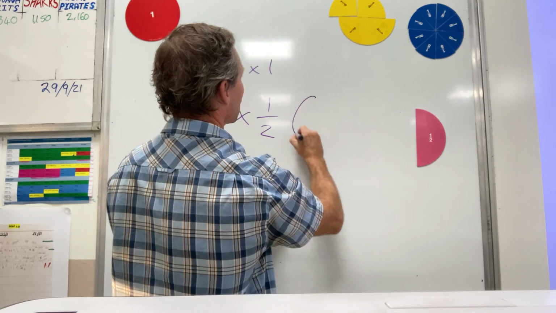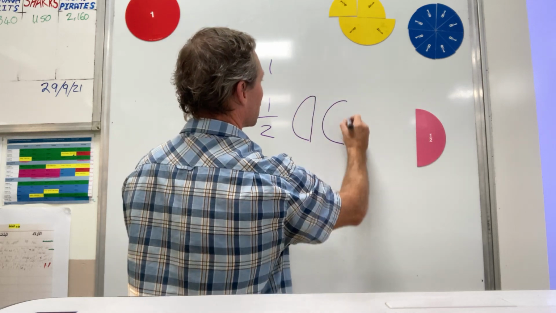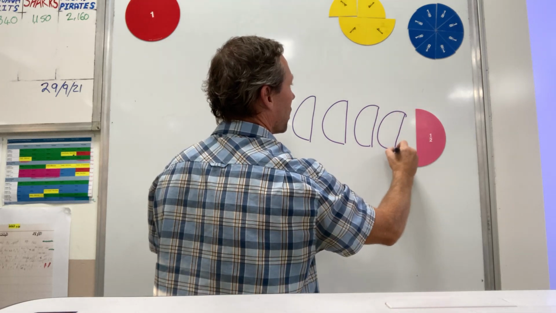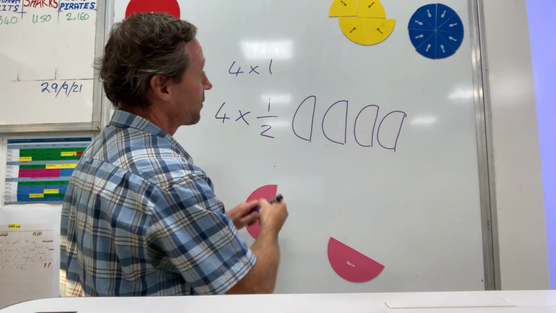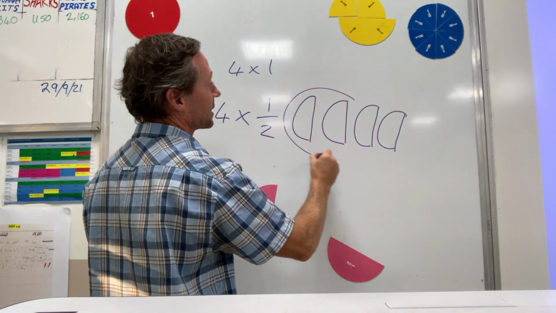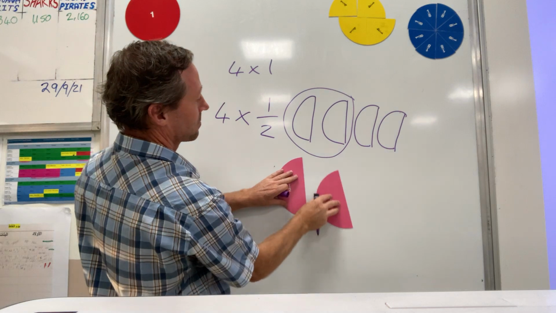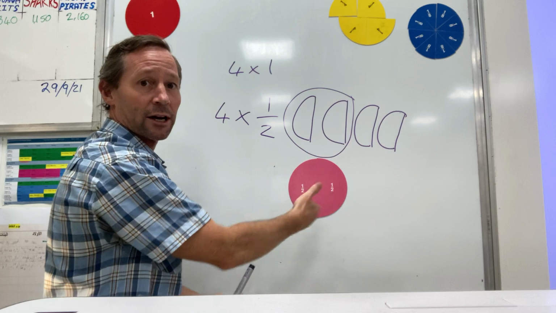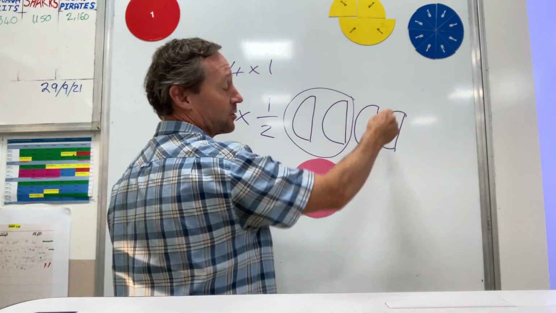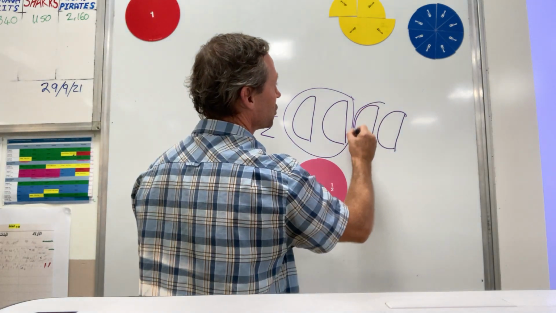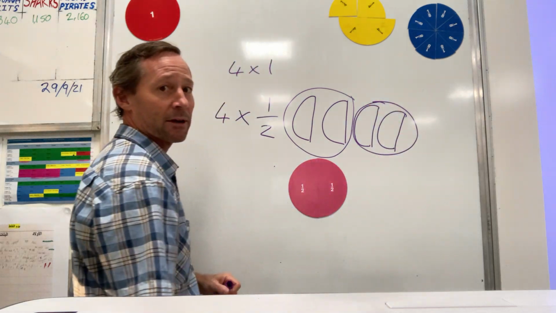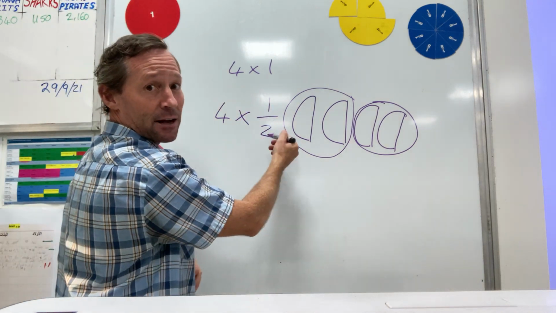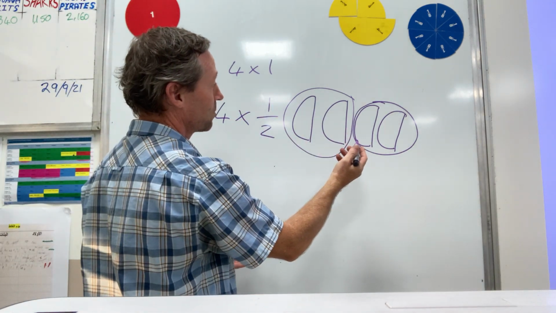If I draw it, 1, 2, 3, 4. 4 halves. If I join 2 halves together, if it looks like this, turn it around, it makes 1 whole. And I can see I have 2 halves over here. If I join them together, I'd end up having 2 wholes. So 4 times a half is equal to 2. My answer would be 2.